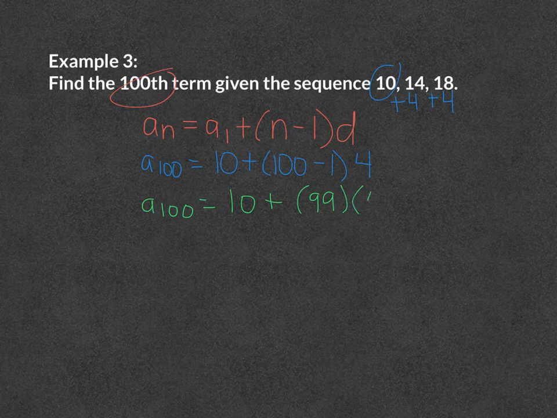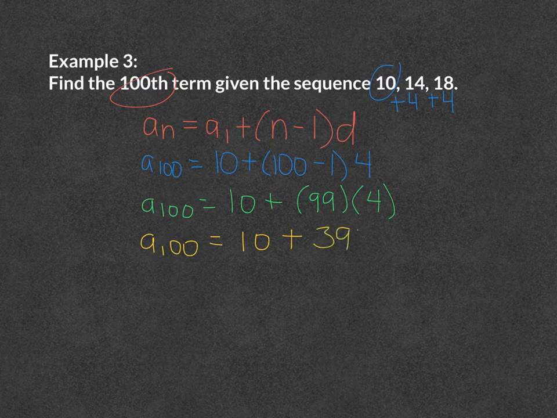I'm going to multiply that by 4. 99 times 4 will give me 396. 10 plus 396 will give me 406. So a sub 100 is 406, which is the 100th term in this sequence.